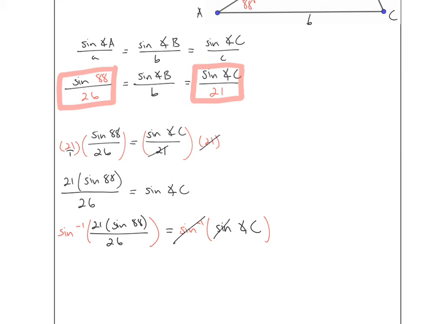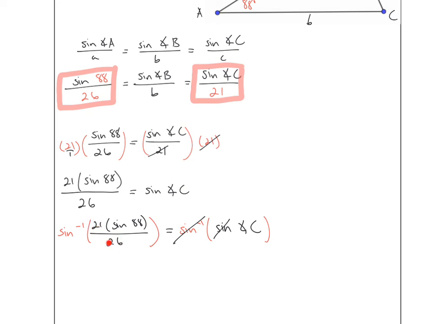Another word of advice, and another word of warning, really. This sine inverse we are taking is operating on the whole left side. It is not just operating on the sine on the inside here. We are only allowed to cancel if the only thing that we're taking sine inverse of is the regular sine, and there's nothing else attached. There's a 21 here.